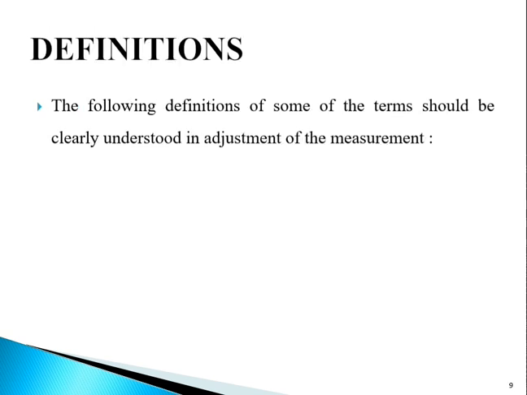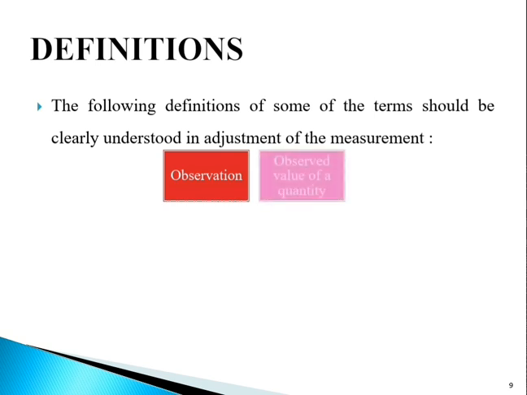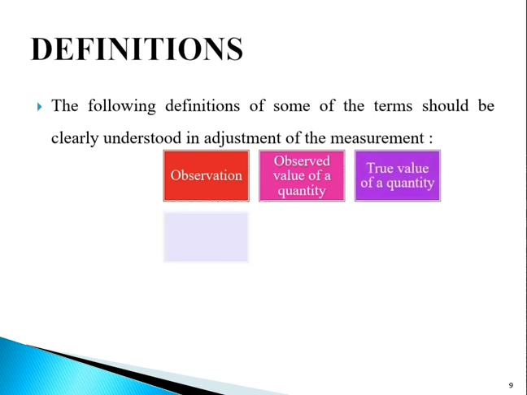Next, we are going to see various definitions. The following definitions of some of the terms should be clearly understood in adjustment of the measurement. First is observation. Second is observed value of a quantity. Third is true value of a quantity. Next is true error.